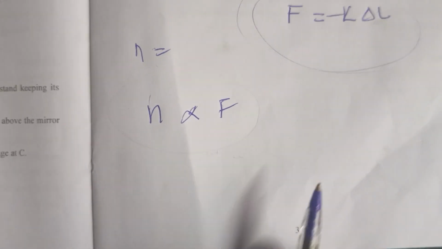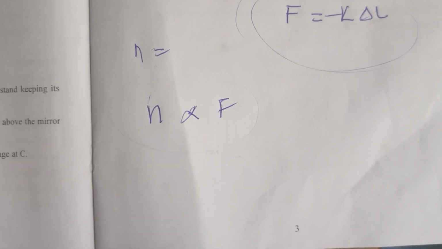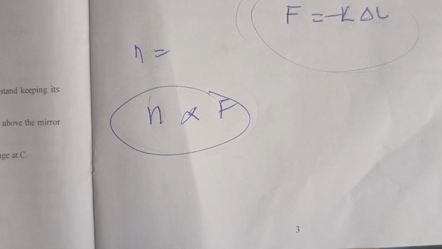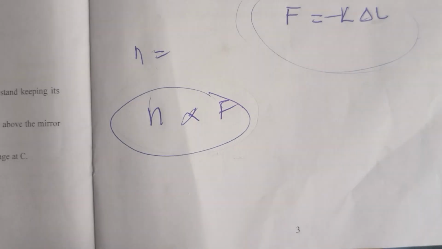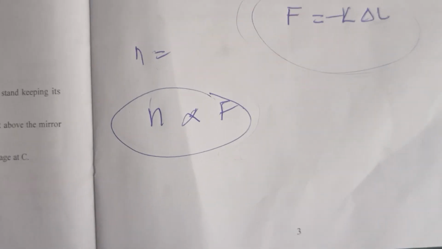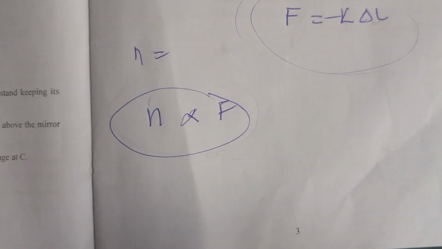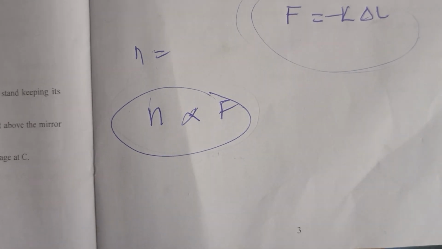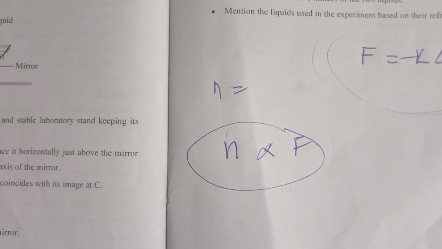There is no relation between force and the refractive index, but there's a relation between force and the bending of materials, depending on the type of materials that you are using, whether it's elastic or inelastic. Some of them, when you exert too much force, will break. Okay, so that's a little for this experiment.